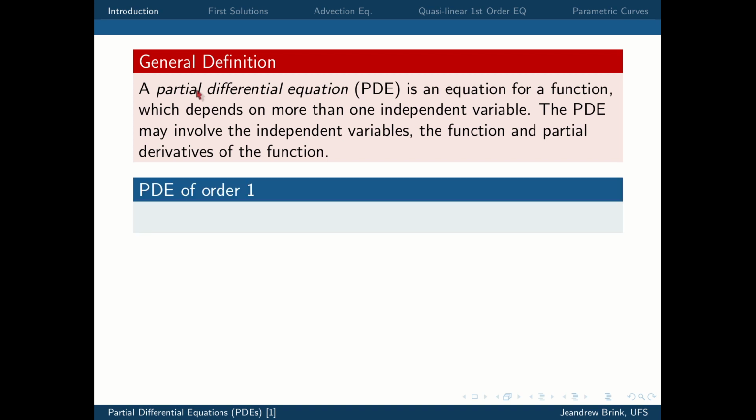So, for example, a PDE of order 1 you can write like this. It's any function g of your independent variables x and y, the function itself, u implicitly of x and y, the first derivative of u with respect to x, and the first derivative of u with respect to y, and order 1, so you only have first derivatives.